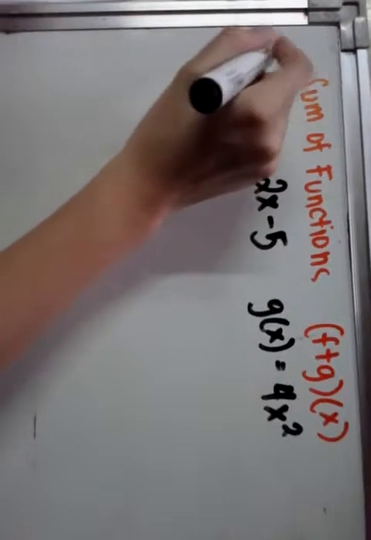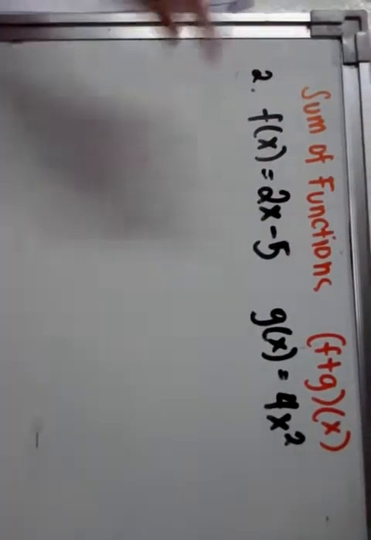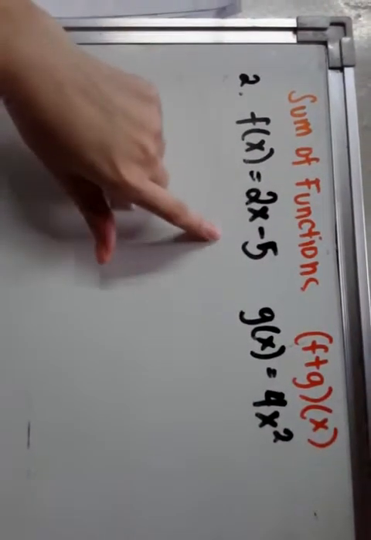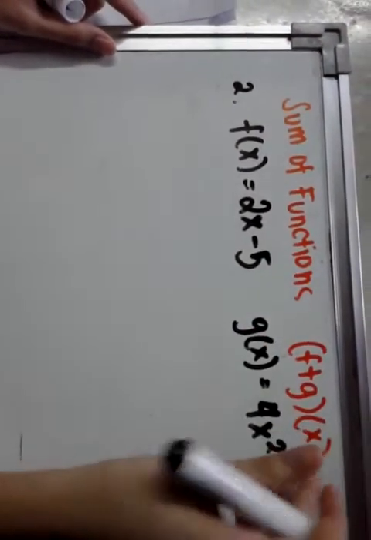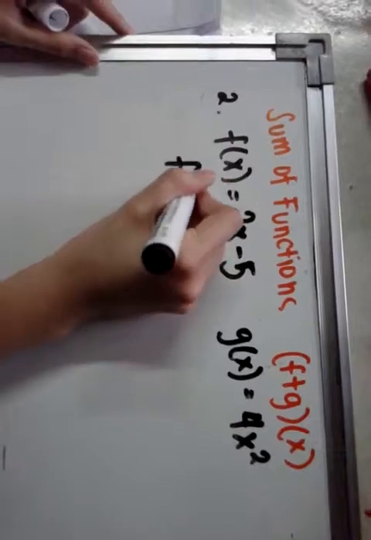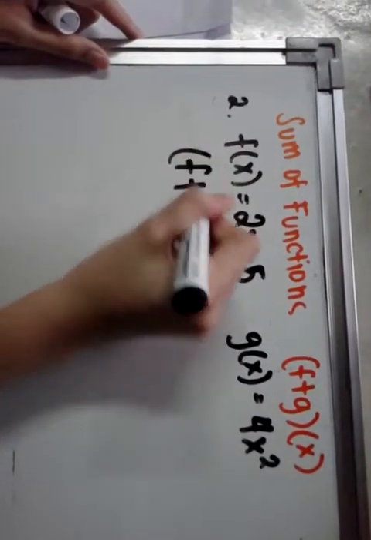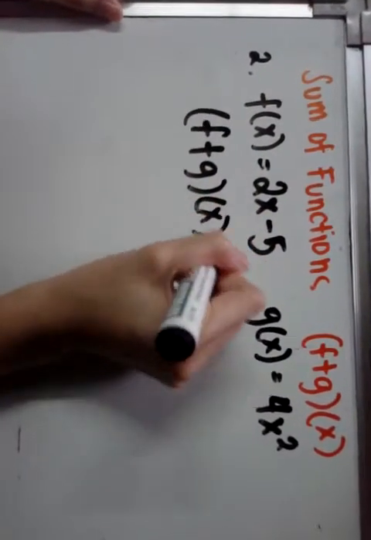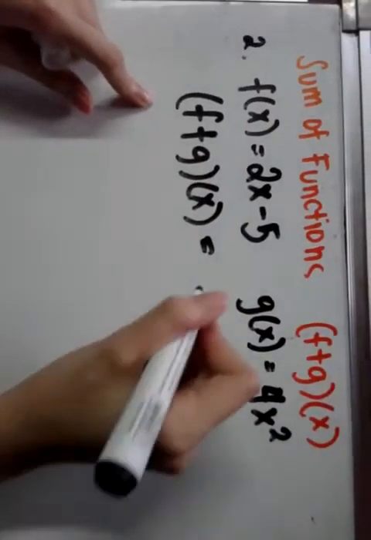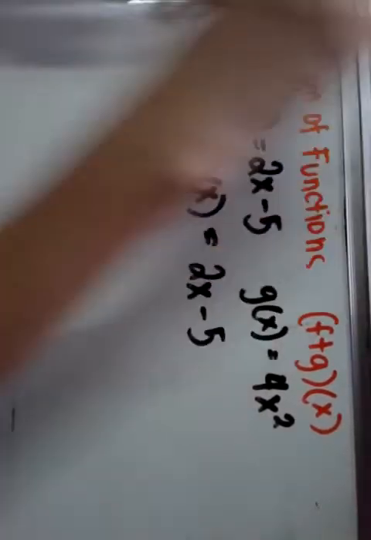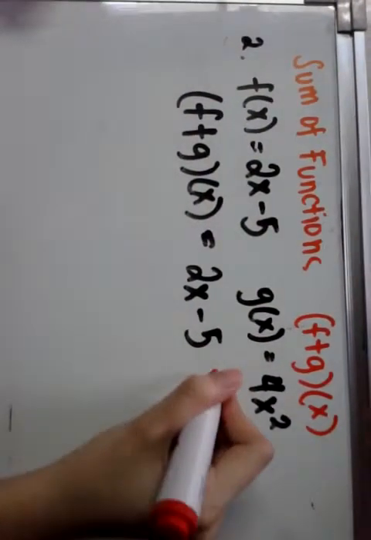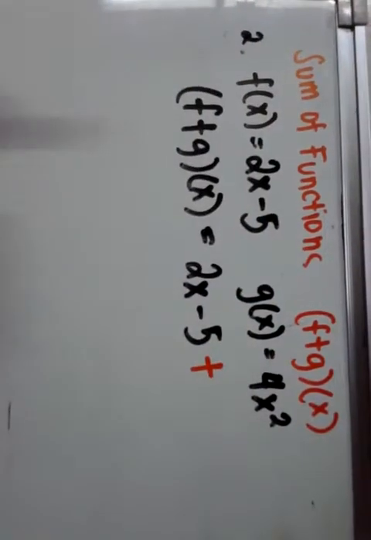So here in our second example, f of x is equals to 2x minus 5 and g of x is equals to 4x squared. So first, copy the formula, which is f plus g of x is equals to, copy the equation of the f function, which is 2x minus 5, and then add, since we are finding for the sum of the functions.